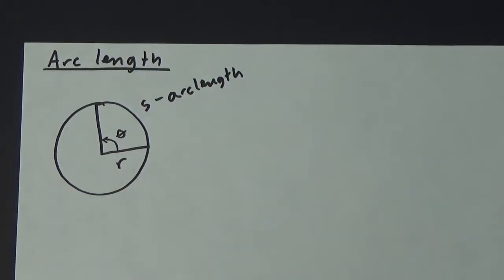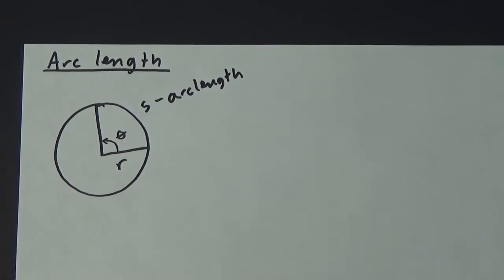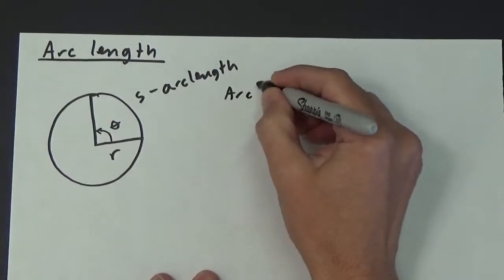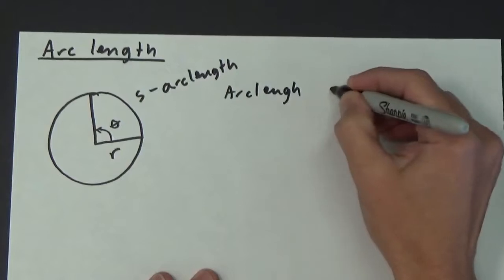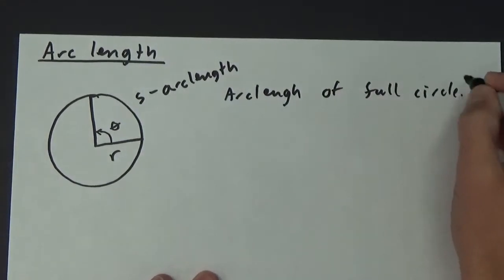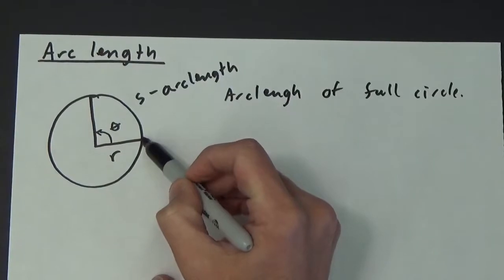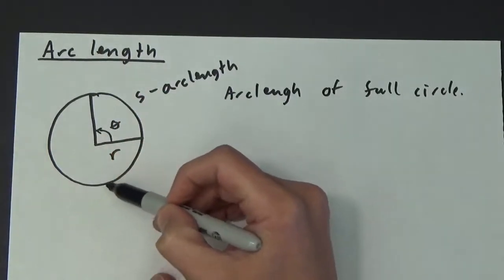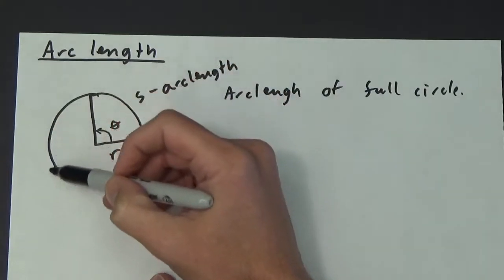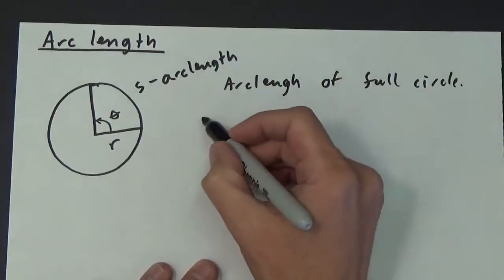Now let's see how we get this formula for arc length. We're going to look at the arc length of a complete circle, a full circle. If I were to start here and go all the way around, what is that distance? When you talk about the arc length of a circle, that is the circumference.